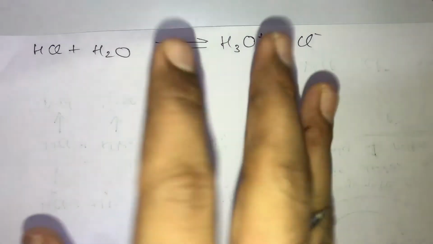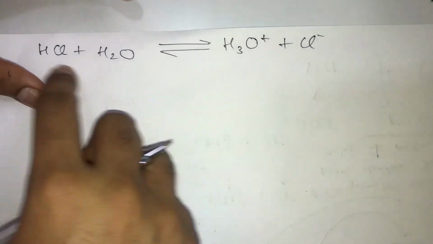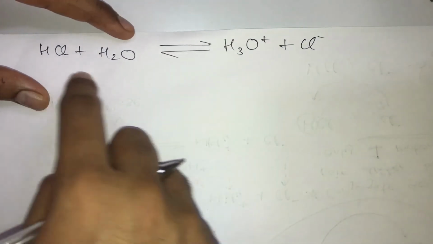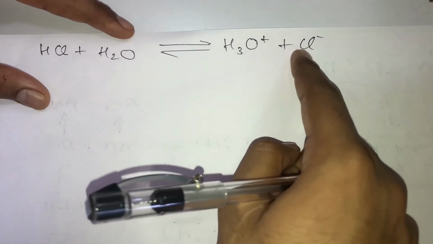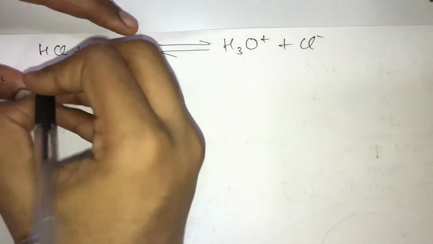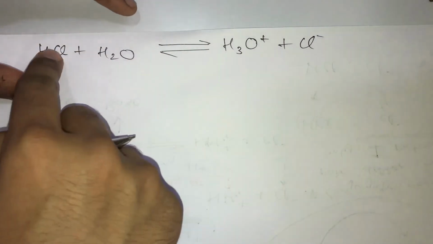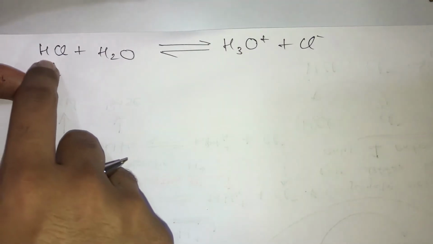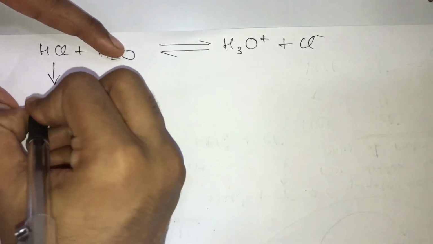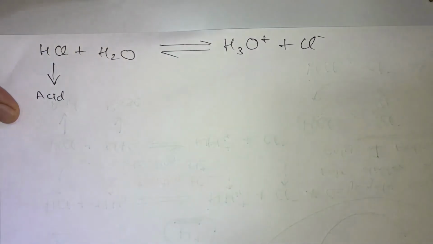Now see, this HCl is getting converted into Cl minus. While it is getting converted from HCl to Cl minus, can you see over here, it is donating an H plus ion. And who donates an H plus ion? It is obviously an acid that donates an H plus ion.